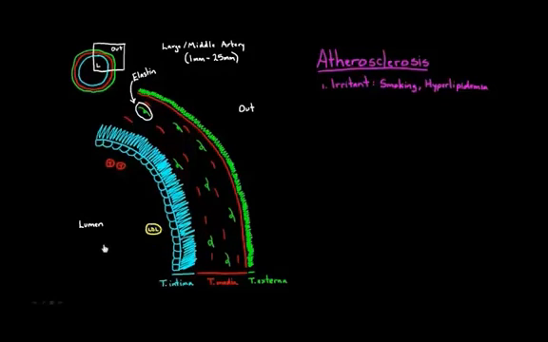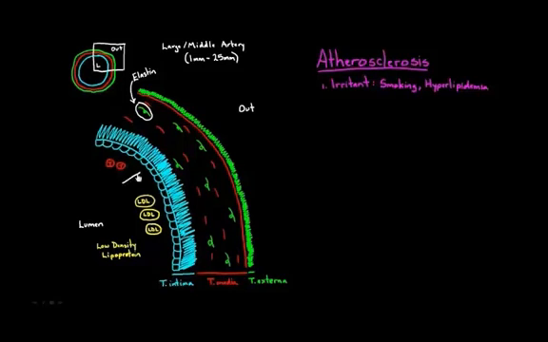LDL stands for, actually I'll write that out, low density lipoprotein, that's what the L and the D are. So this is basically something that carries fat and cholesterol around your blood. So you could have too much of it. You could have too much LDL in your blood, in the blood vessels, in the arteries, and that could be an irritant.